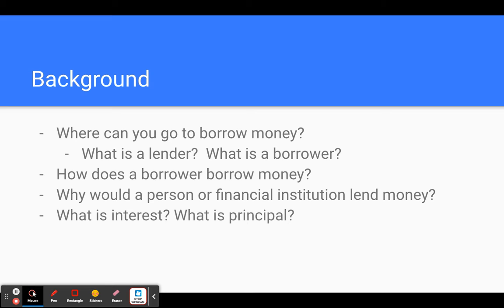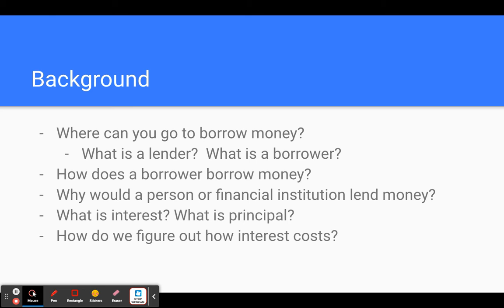So say I'm buying a $30,000 car and I need all $30,000. The principal would be $30,000, and the interest then would be the extra money I would pay back to my lender, whether that could be a few $100s, even into the thousands of dollars.